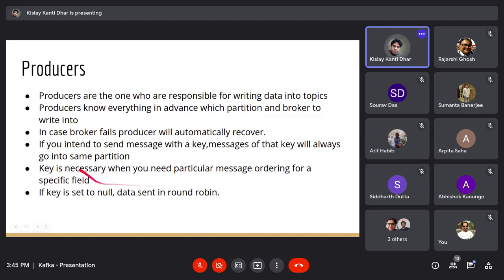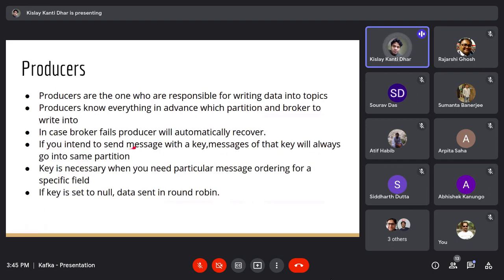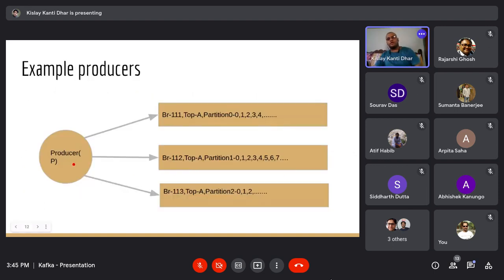Okay, so these three points, I will show you via this diagram. If you intend to send a message with a key, messages with that key will always go into the same partition. There is a thing called topic, but I want to use a particular key. For example, earlier I showed you a picture for pizza ordering, right?